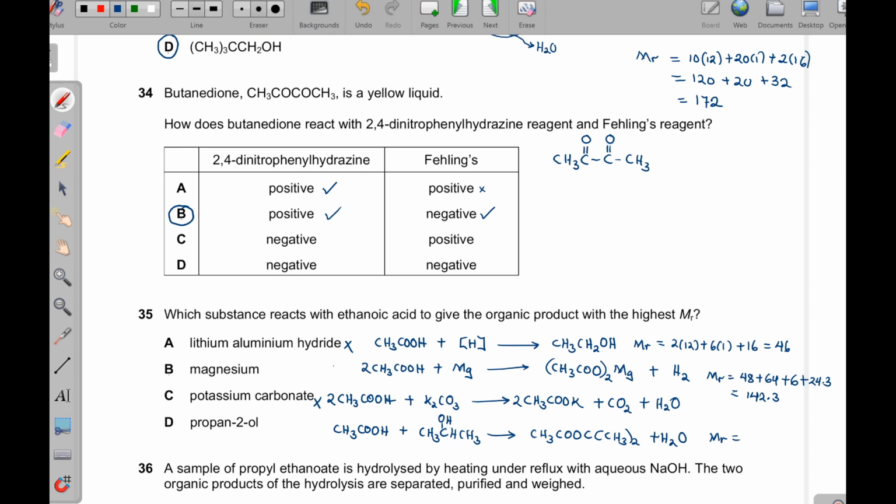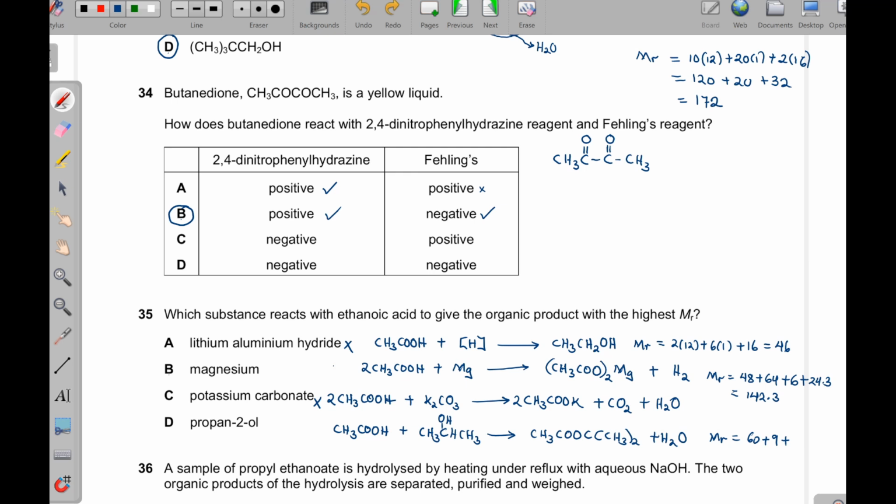Let us look at the carbon atoms. 1, 2, 3, then 4, 5. So 5 times 12, you get 60. Then plus, how many hydrogens do we see? 3. And then the 6, those will be 9. So plus 9. And then plus oxygens, 16 times 2. What do we get?